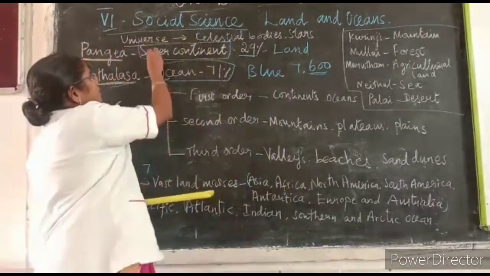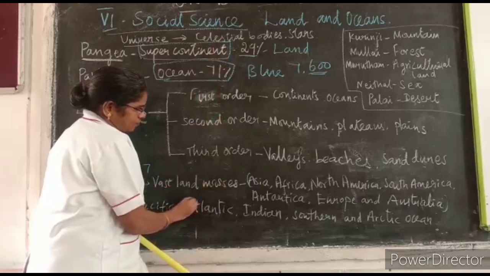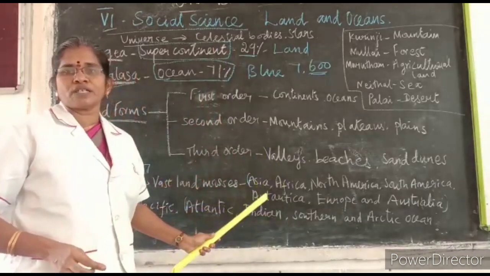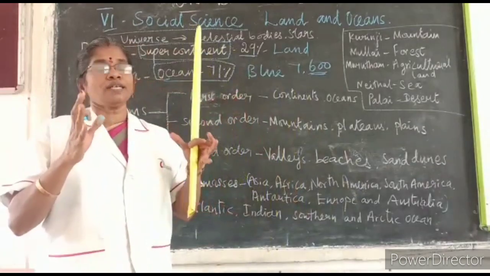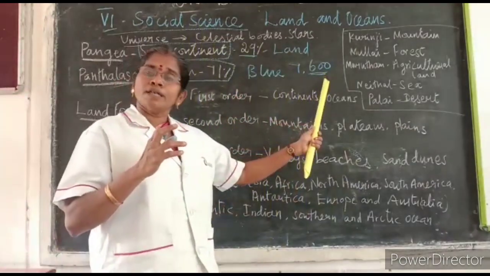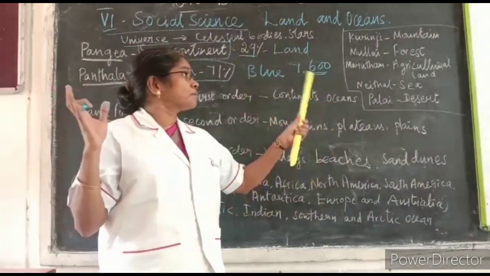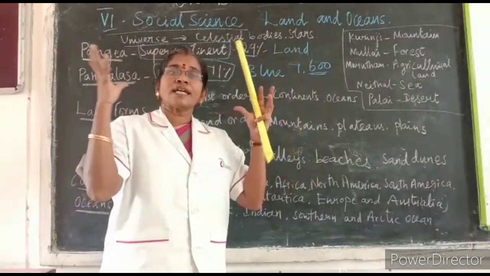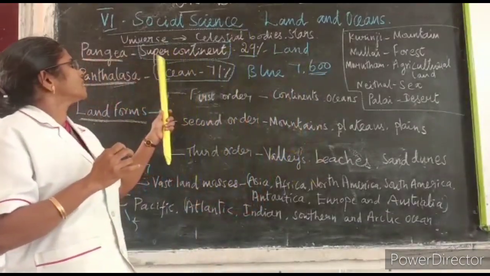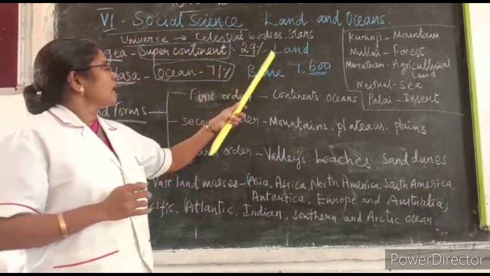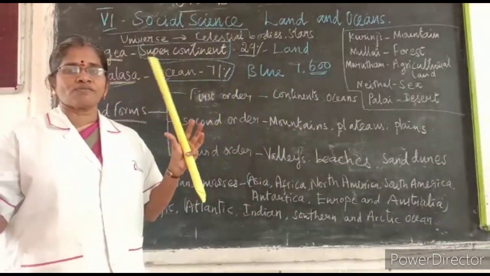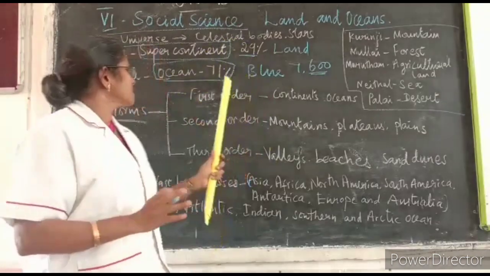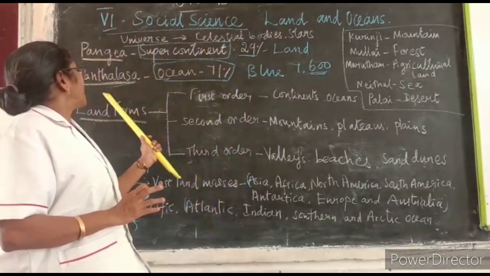Pangaea means supercontinent. All the 7 land masses were clustered together 600 million years ago, and that is about 29%. And all the oceans were together in a particular place, and we call that Panthalassa.